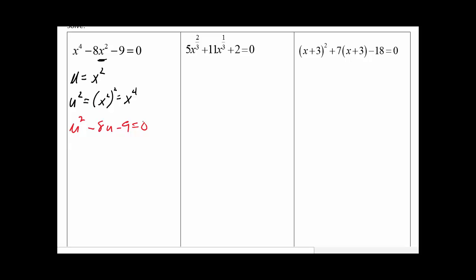And now that looks like something we know how to handle. So I'm going to try to factor it. It's got to be u, and I need factors of 9 that give me an 8. Well, how about a minus 9 and a positive 1?